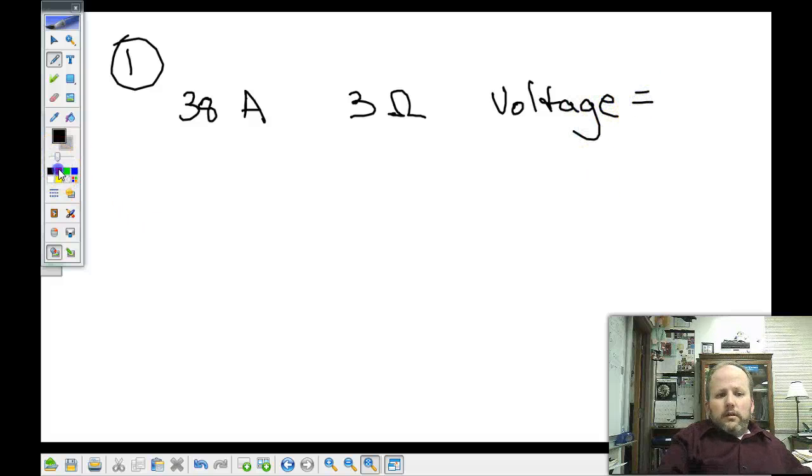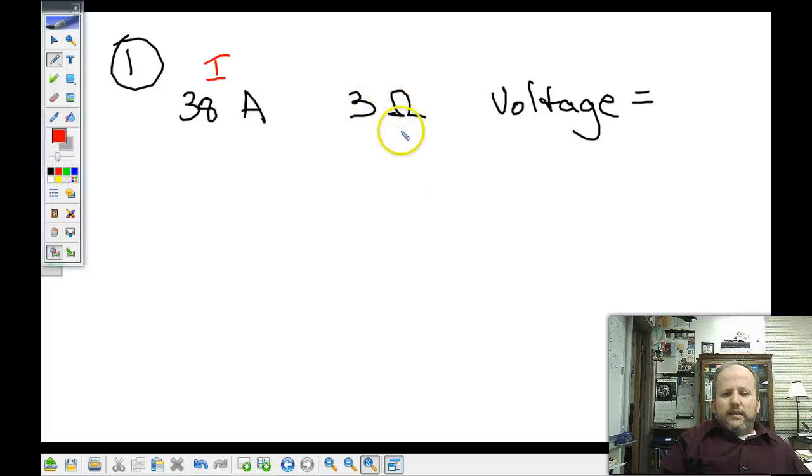Well, here's how I would do every single one of these problems. 38A, even though I've already slipped and told you, don't just say 38A. What does that mean? It means 38 amps. 38 amps is a measurement of what? 38 amps is a measurement of current. Current is abbreviated I. Alright? 3 omega.